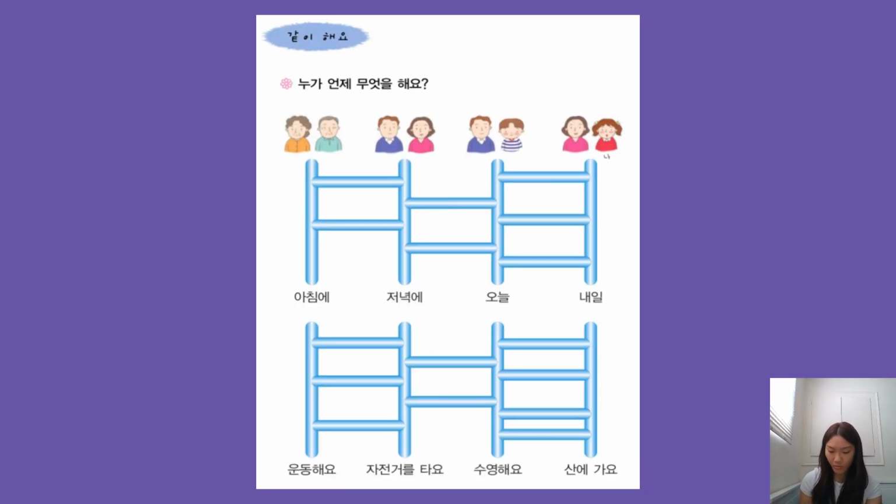And now we're on page 103. Page 103 looks something like this, and then it says 누가 언제 무엇을 해요? Who is doing what and when? So let's see. We're just going to connect this. So we see a picture of 할머니 and 할아버지, right?